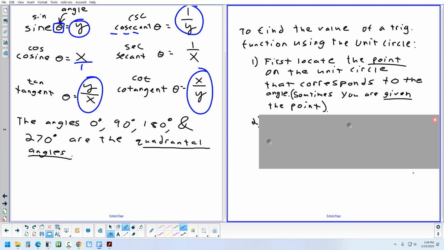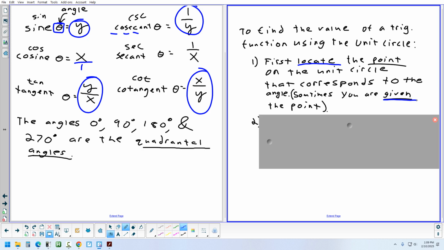Or, if I don't give you the coordinate, you have to figure it out yourself. You're going to use that diagram that I gave you with 0, 90, 180, and 270. Well, what if it's not one of those 4? That's tomorrow. Today, it's either going to definitely be one of those 4 angles, or it's going to be something I give you.